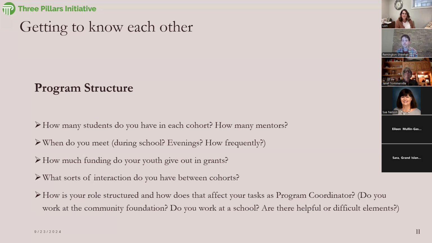They eventually baked this into our job description that we would share the program coordinator role. I can't imagine doing it as just one person. I really appreciate having Sarah as my partner in crime to bounce ideas off of, especially on the back end, like how we communicate and share information with the youth.